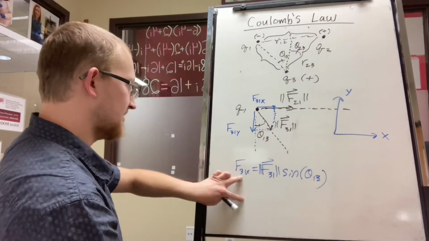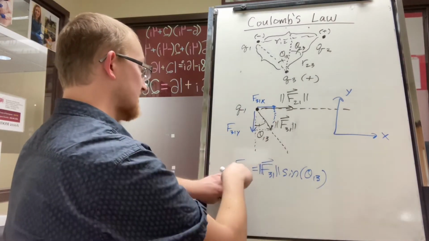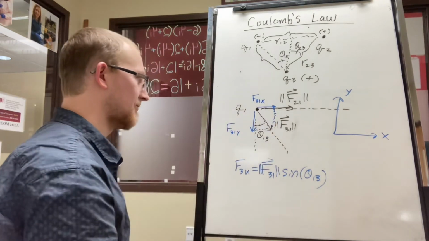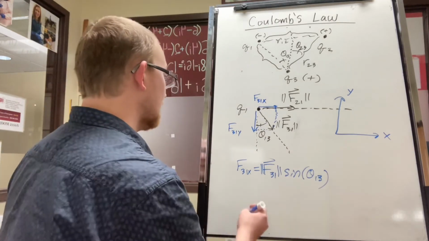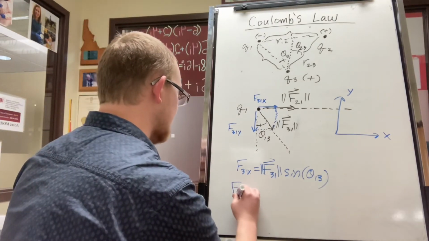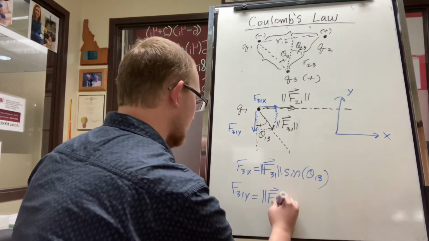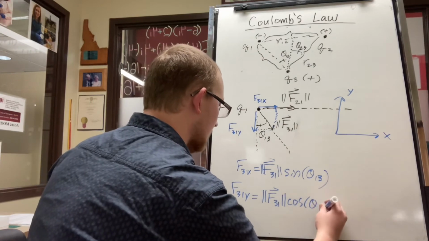If we divide this over here, then it says sine of theta 1,3 equals opposite, which is F3,1x, over hypotenuse, which is the magnitude F3,1. So that's F3,1x. Here's F3,1y. It's going to be very similar: magnitude of F3,1 times cosine of theta 1,3.